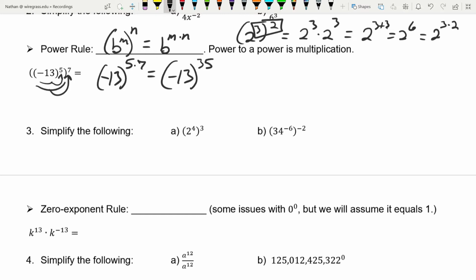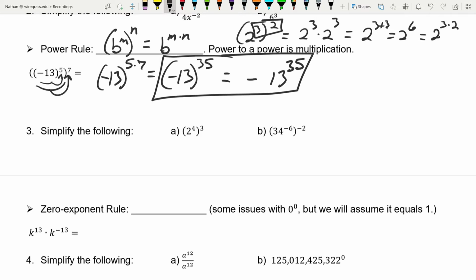Negative times negative is positive, so even pairs of negatives cancel, as long as they're multiplying, and everything here is multiplying. So this is actually the same thing as -1 times 13 to the power of 35. The negative comes on the outside, but that's just because it's the same thing as -1. That's just a minor thing, but they're actually both the same expression. Either way, power to a power, multiplying the powers. Go ahead and try it in number 3.